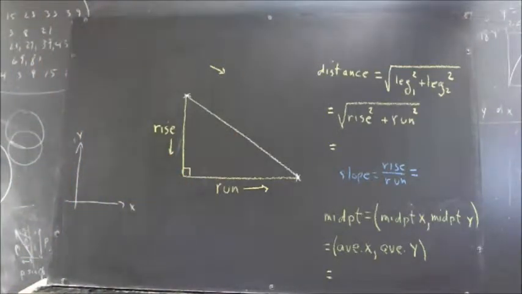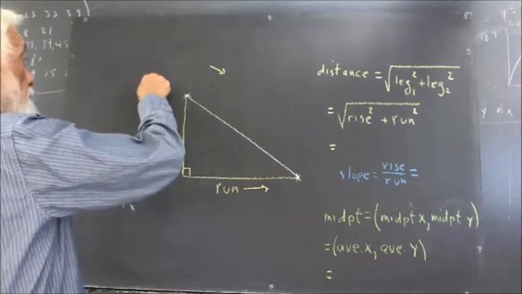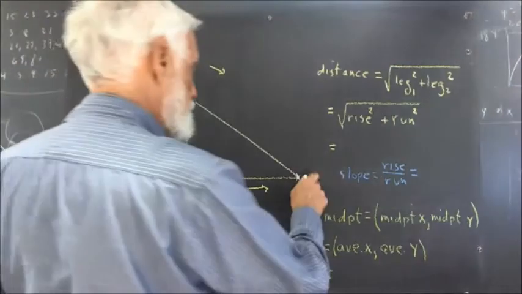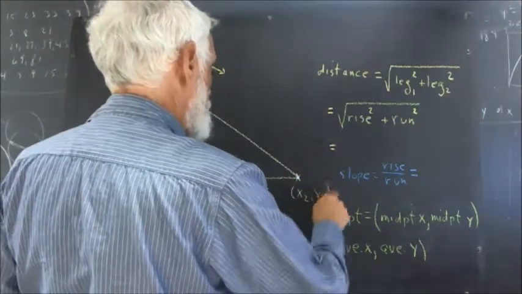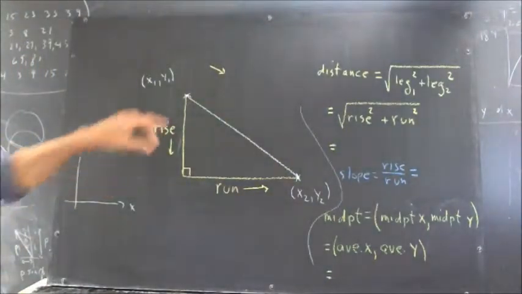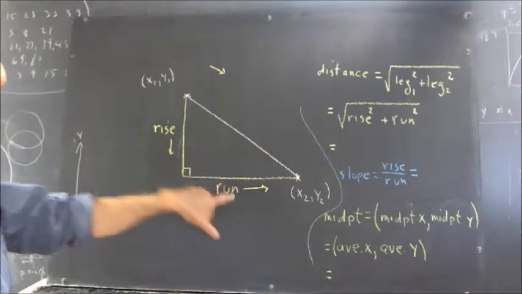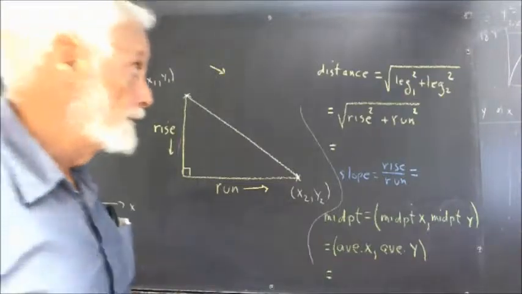Now, we can formulate this very simply. So I'm going to simply add labels to these points. I'm going to say this point is x1, y1, and this point is x2, y2. Then we're going to be able to say what the rise is and what the run is in terms of the coordinates x1, y1, and x2, y2.